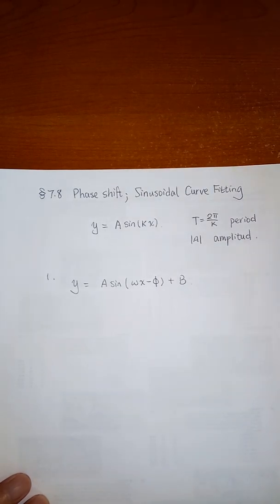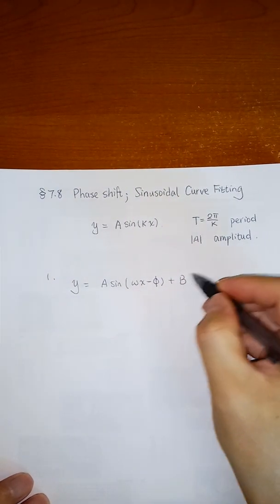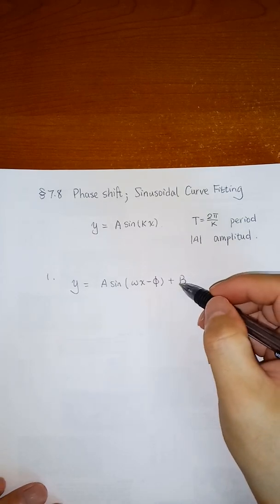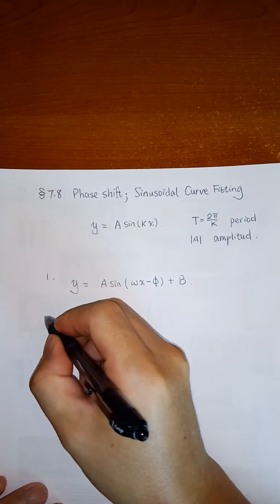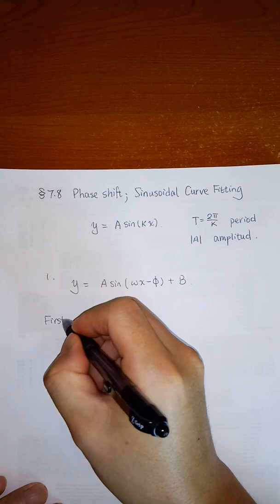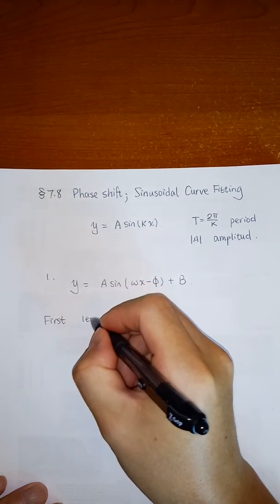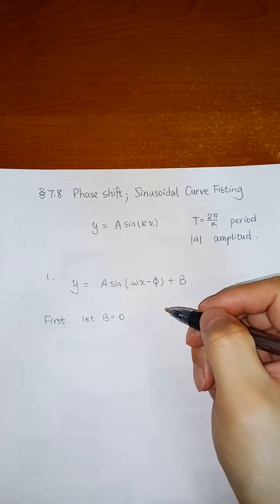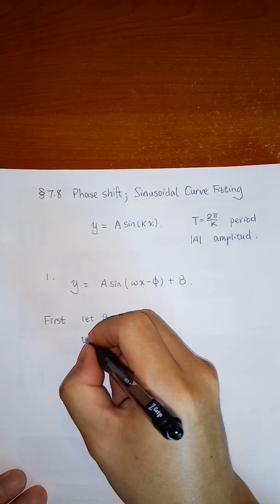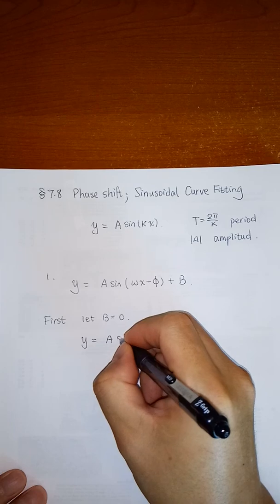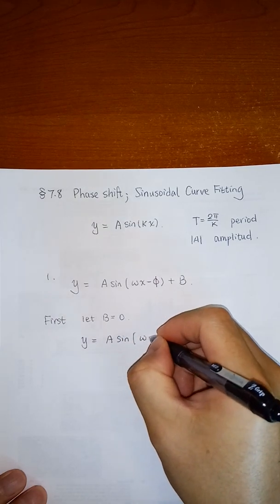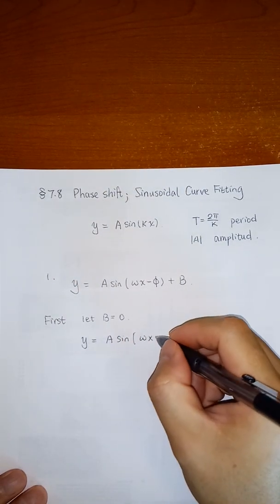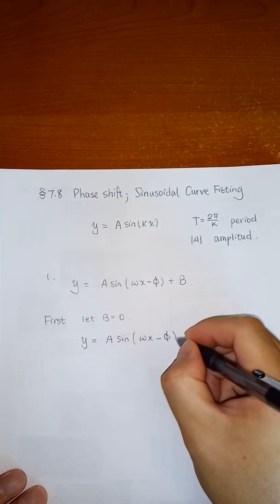We first start from the case without b. So first, let b equal 0. When b is equal to 0, we have y equal to a sine omega x minus phi.